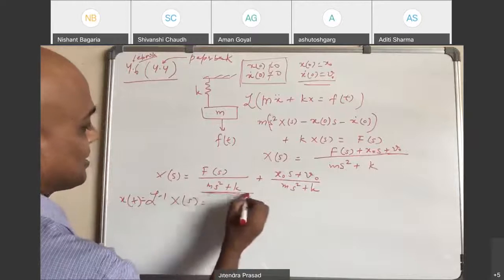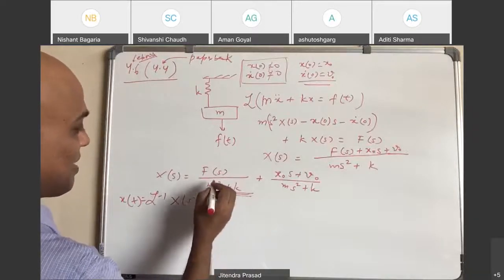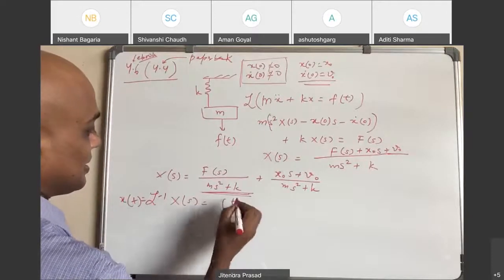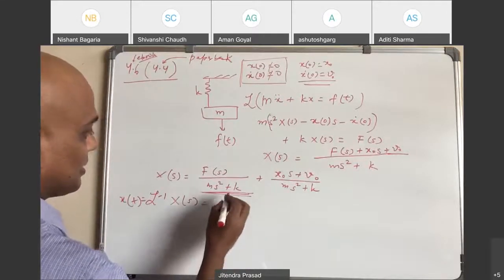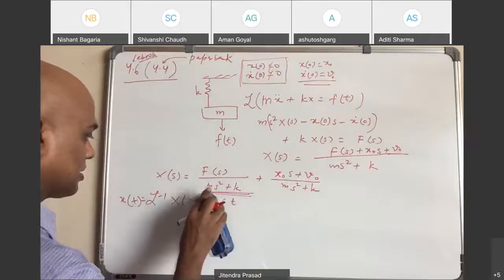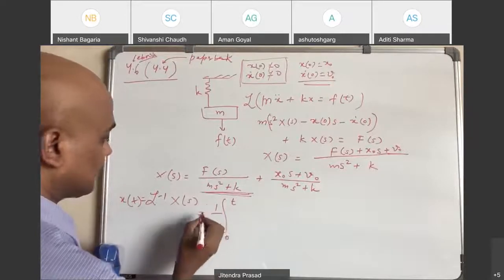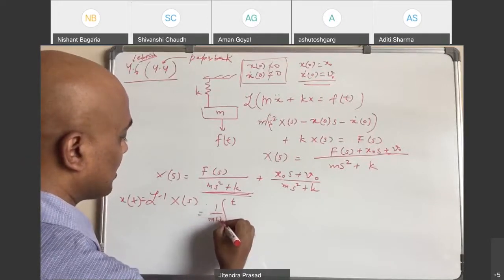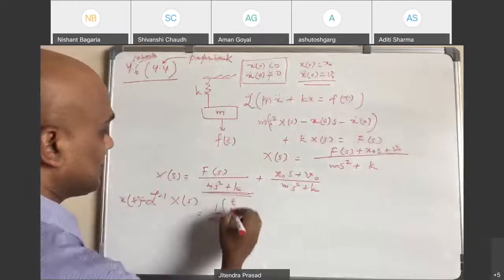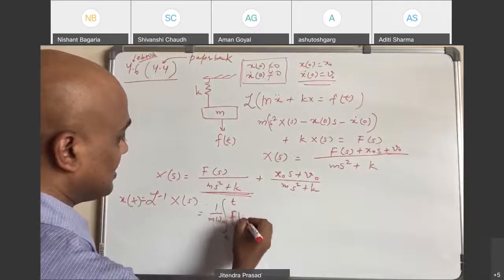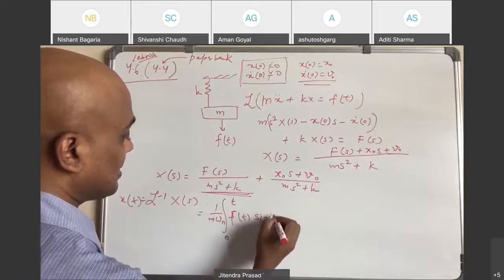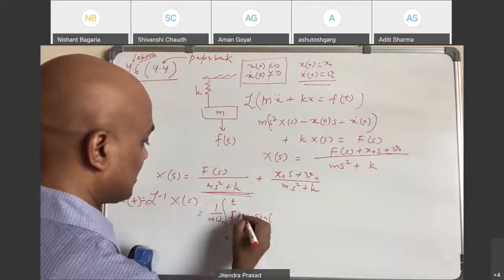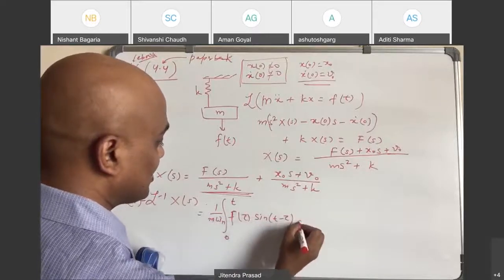We have shown already that this part is the integral from 0 to t of 1 over m omega n, times f(tau) sine omega n (t minus tau) d tau.